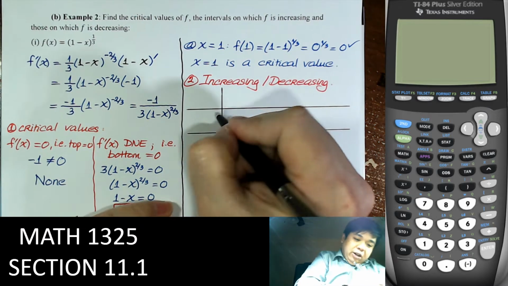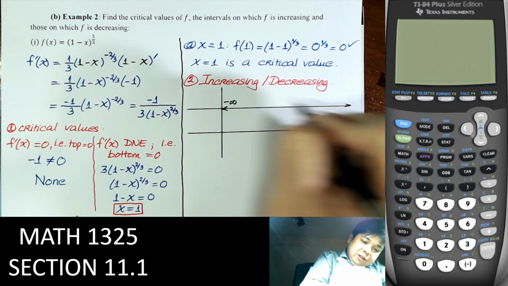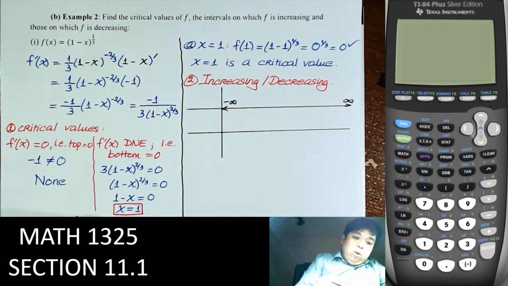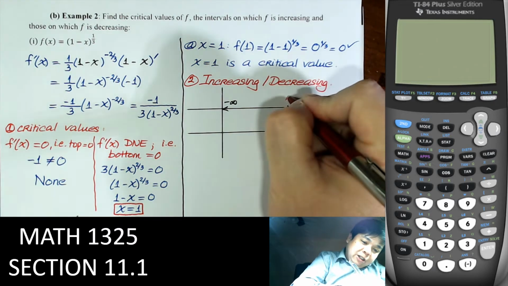Alright, so we have the number line on the top, and only one critical value, 1.